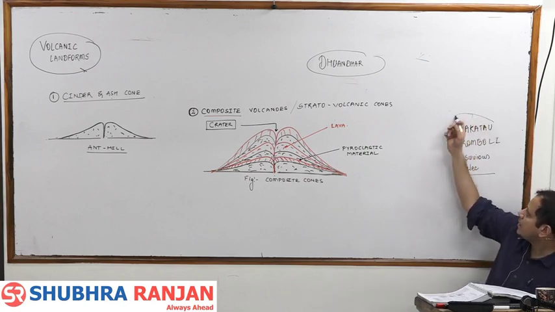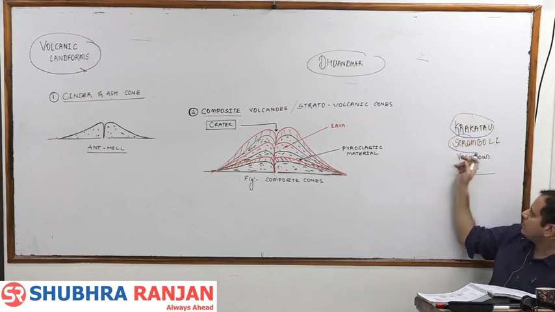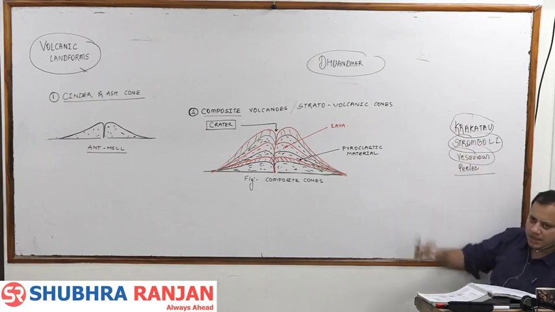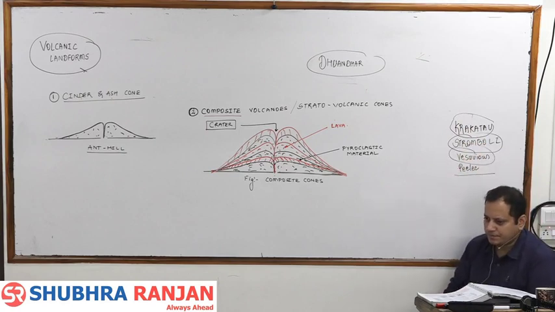Mount Krakatau या Krakatoa, Mount Stromboli, Mount Vesuvius are composite cones.